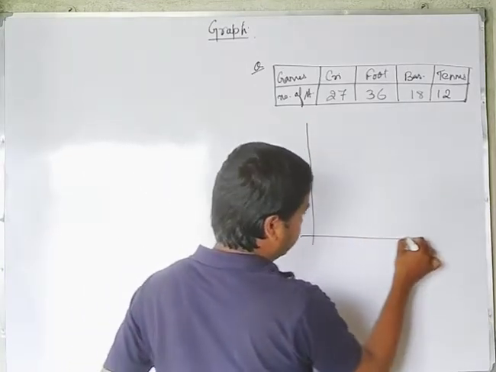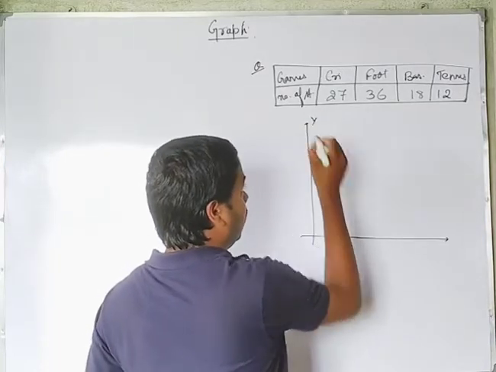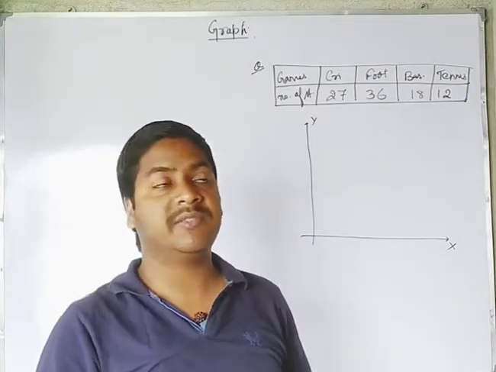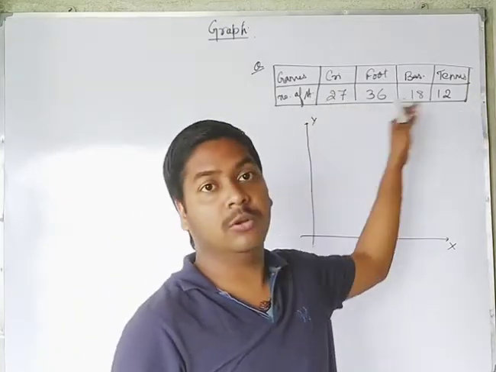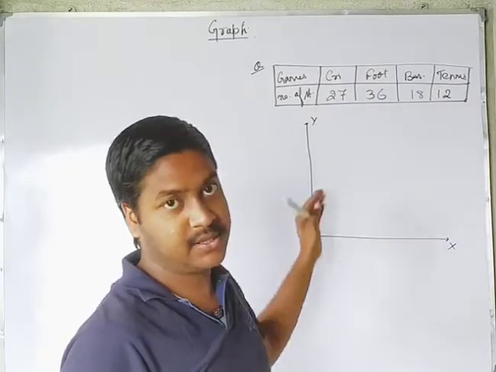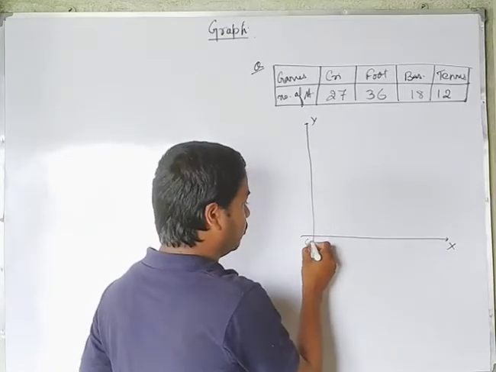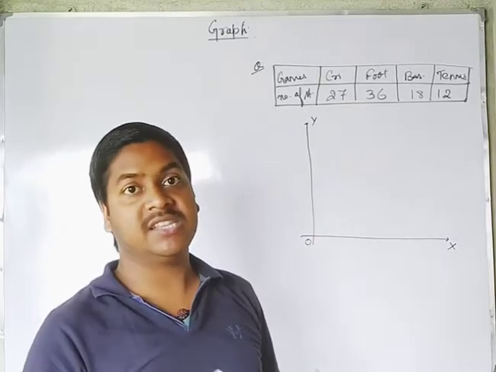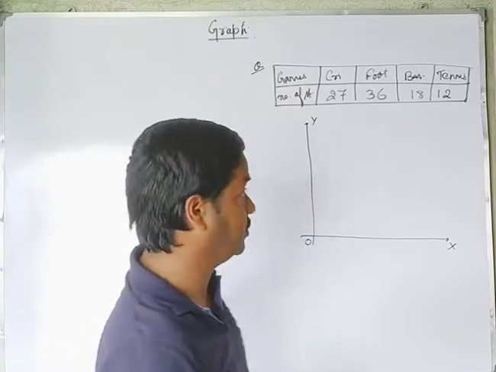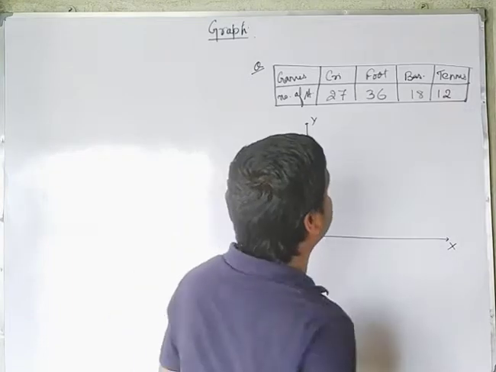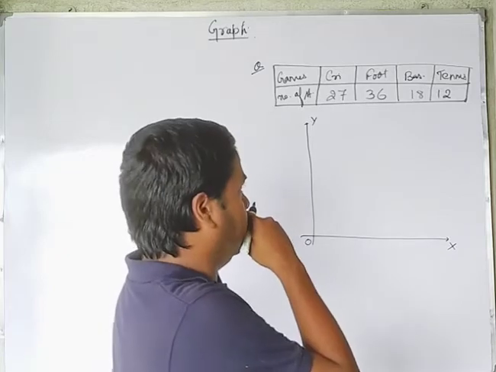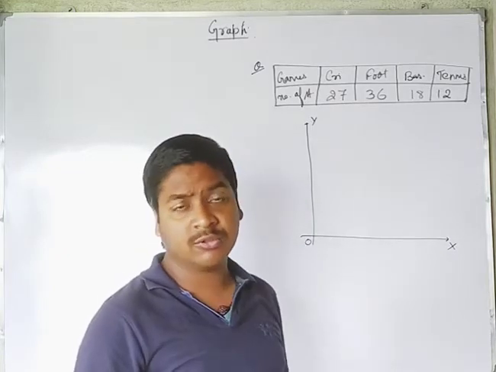Simple way, just draw the lines. Always the number or frequency given in the lower row, we will write those numbers on the y-axis. The y-axis starts from 0, and if there are lots of numbers, then we will take some interval at a certain distance. Suppose here the lowest number is 12, then 18, then 27, then 36. We can take 10, 10 also, or 12, 12 also.